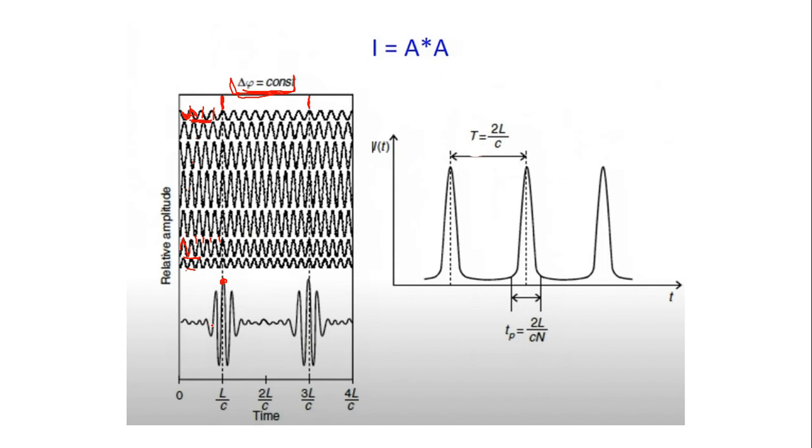The resultant is a maxima, and this whole pulse is in the form of this wave, at L by C. This will repeat itself at 3L by C, and then again at 5L by C, where again they give a pulse, like this.